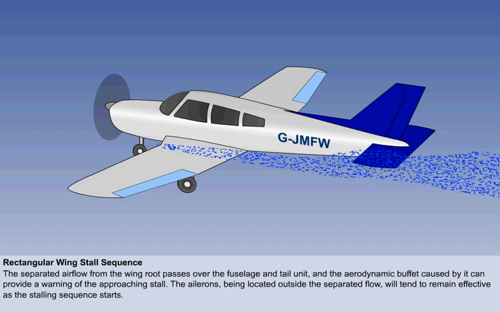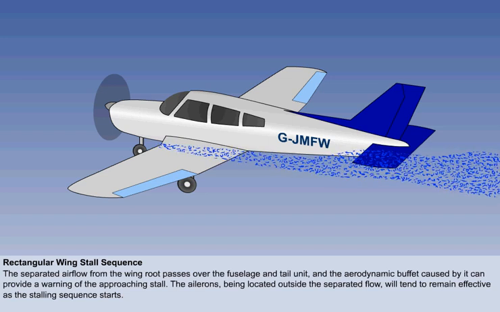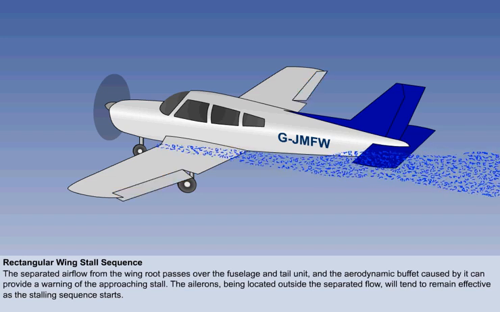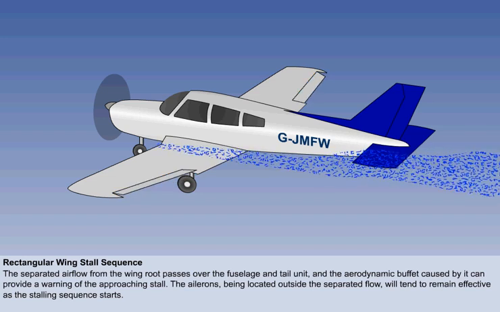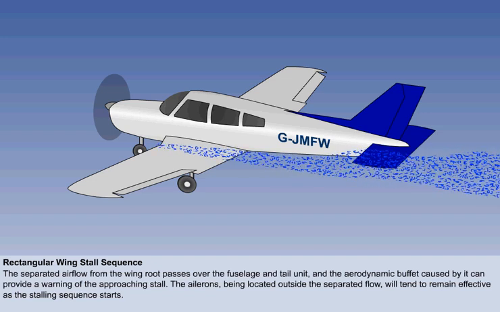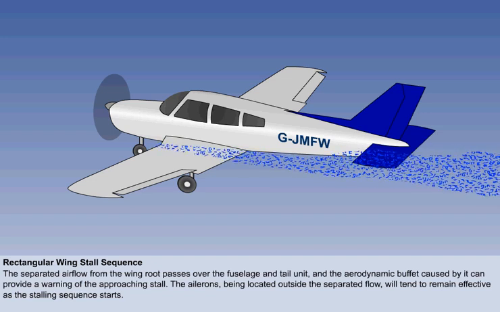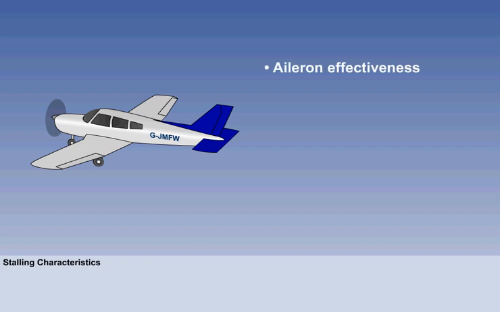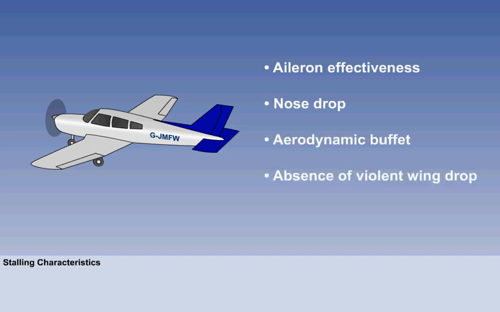The ailerons, being located outside the separated flow, will tend to remain effective as the stalling sequence starts. All these factors give the most desirable kind of response to a stall, namely aileron effectiveness, nose drop, aerodynamic buffet, and absence of violent wing drop.